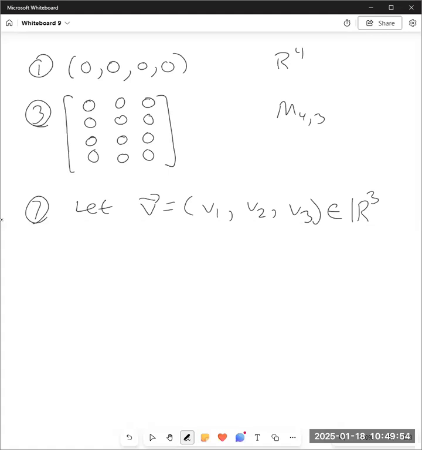And then we need its additive opposite. So negative v, which is (-v1, -v2, -v3), equals the opposite of v1, the opposite of v2, and the opposite of v3. And that will also be in R3, so we're good.